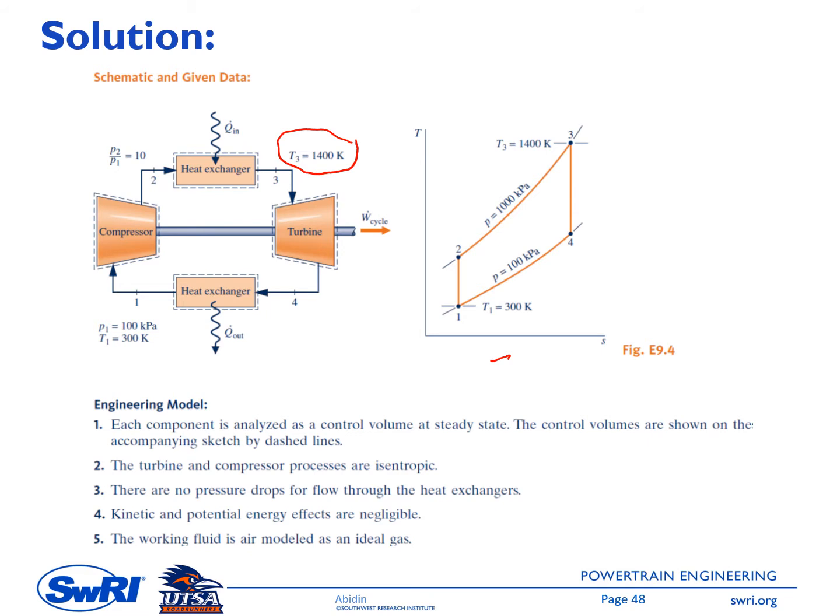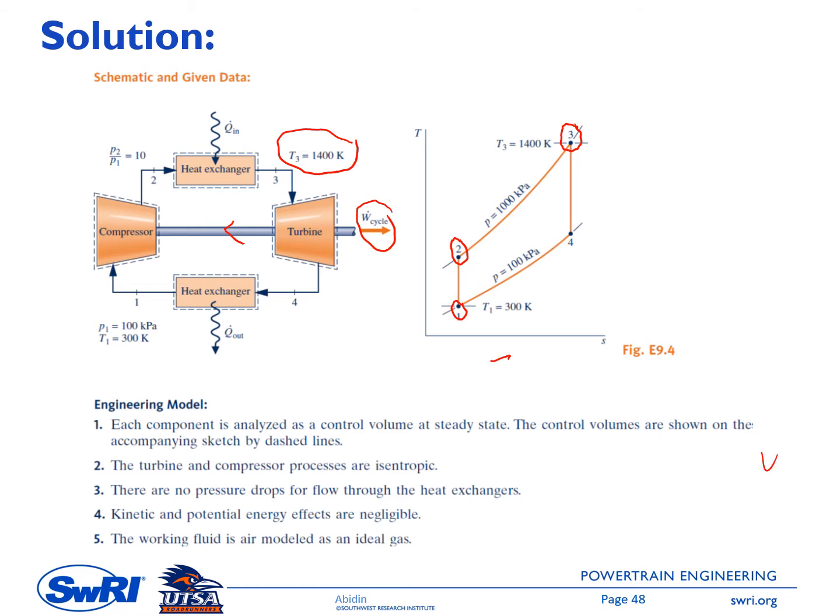Some of the work will be used to drive the compressor, the rest will be the net work that can be used for other purposes. The TS diagram is on the right side. We have state 1 and then an isentropic process, so S2 equals S1. From 2 to 3 is a constant pressure process, P3 equals P2, and 3 to 4 is an isentropic process, S3 equals S4.